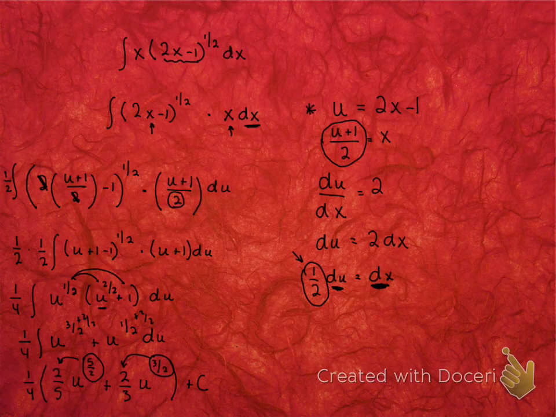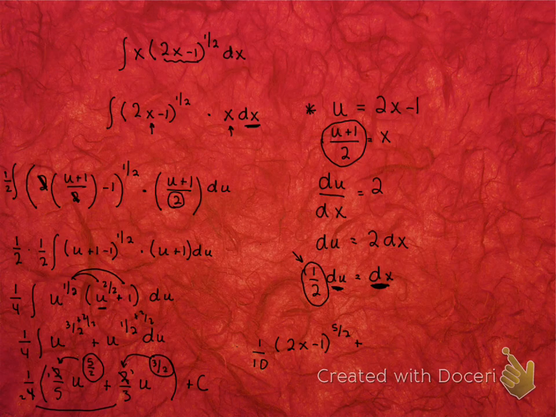So now what we're going to do is distribute in the 1/4. So 1/4 times 2/5, the 2 cancels and the 4 divides away to a 2. We get 1/10 2x minus 1 to the 5/2 power, plus when we multiply 1/4 into the 2/3 right here, we'll get 1/6, because 2 goes into itself once and it goes into 4 twice.